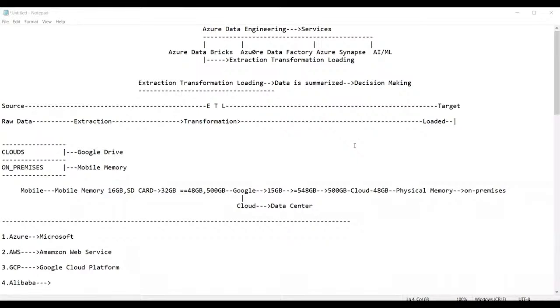It is asking for a credit card number. Yes, credit card, obviously, for the free subscription. It will charge some 2 rupees from the credit card, and the free subscription will be valid for 30 days. After that, you have to go for the pay as you go model, which is based on your usage only. It will not charge you more than 700 to 800 for an individual.